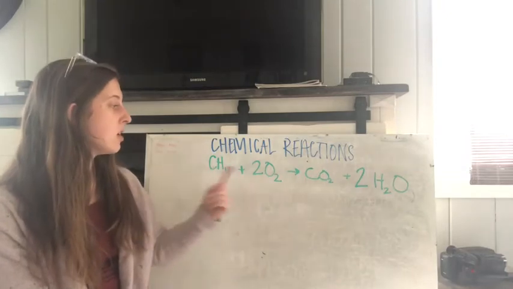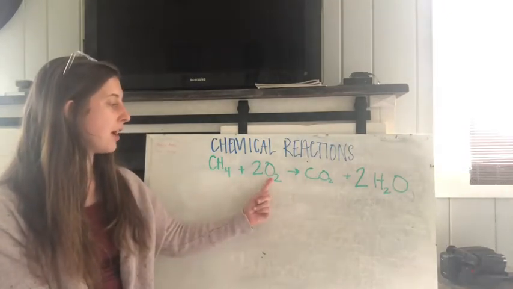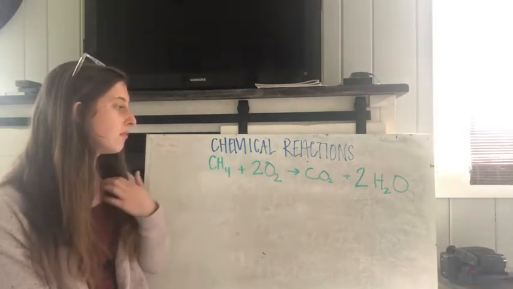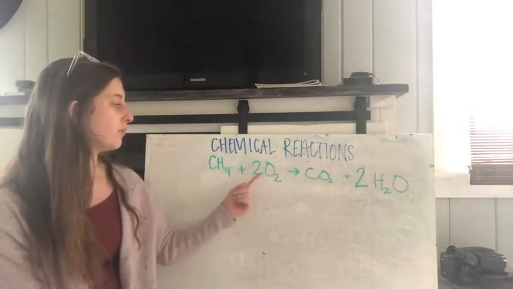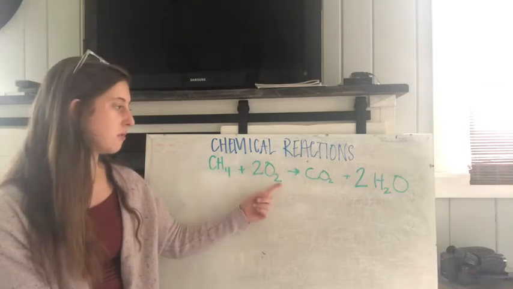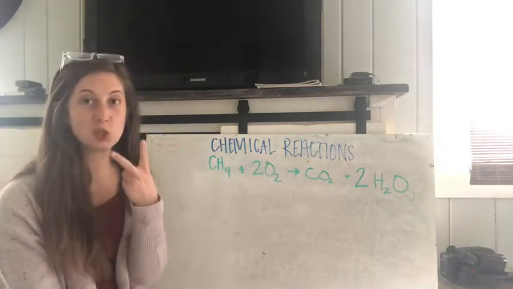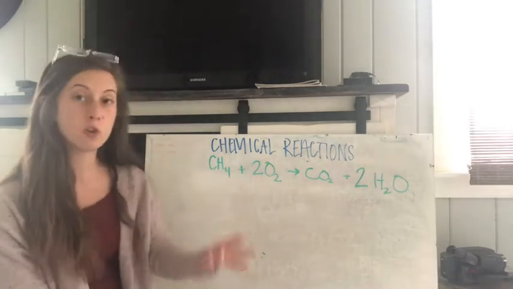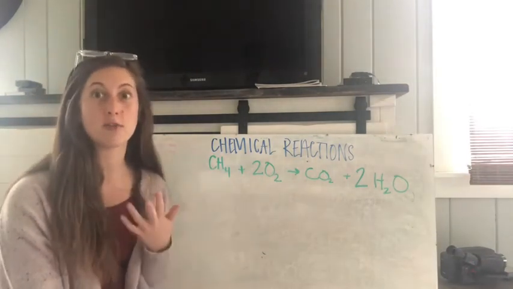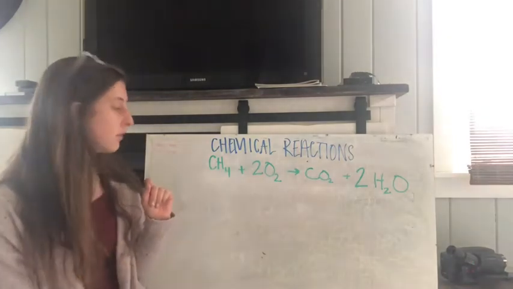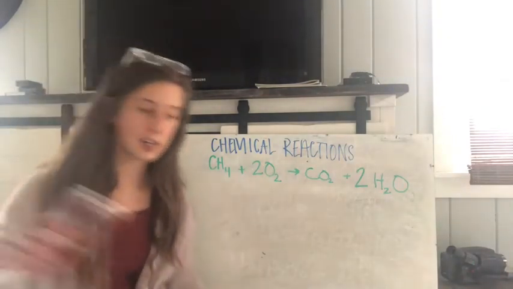And then we also had 2 oxygen molecules. Remember, an oxygen molecule is made of 2 oxygen atoms, and we have 2 of those molecules. So in total, we actually have 4 oxygen atoms. All right, so I'm gonna do a little drawing here.